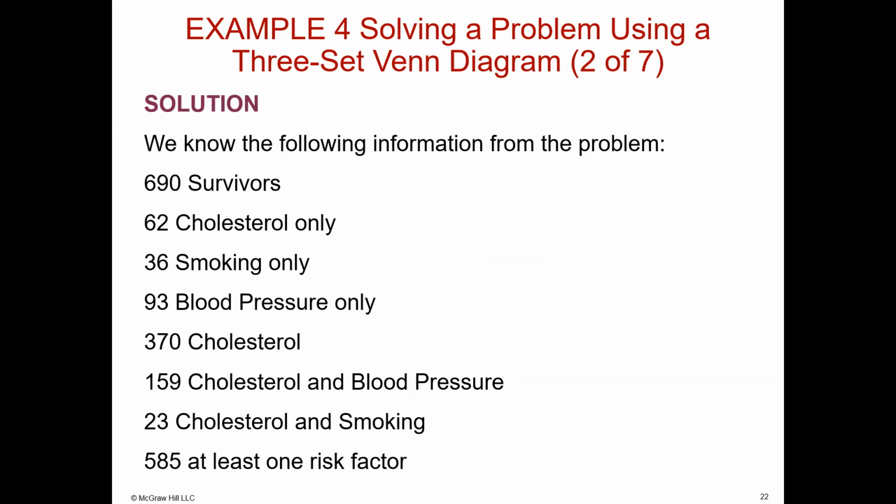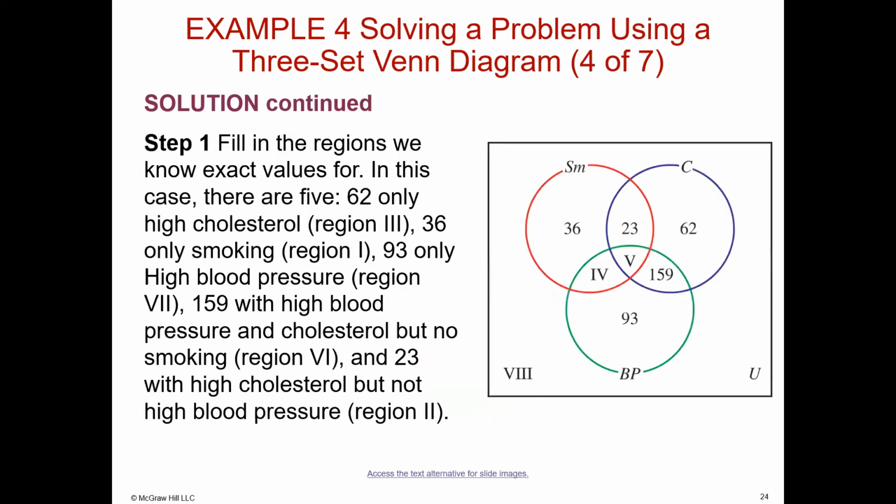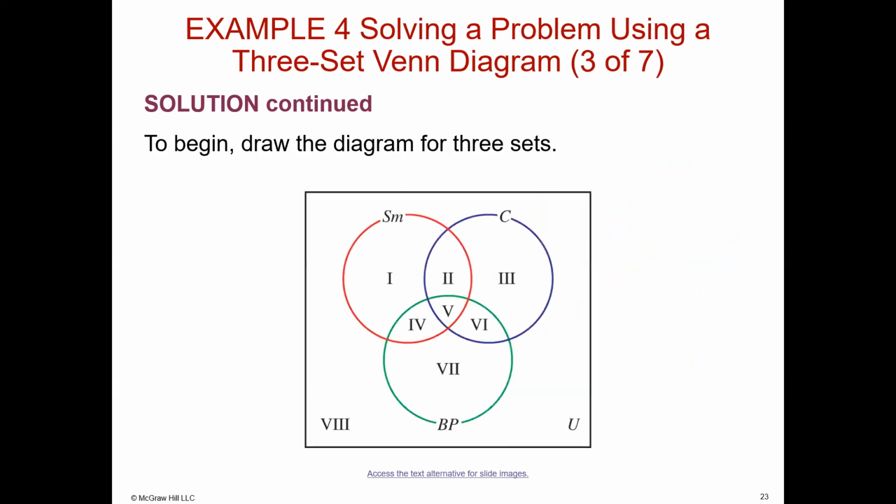So wait a minute, where do we begin? Well, let's see if we can get some help here. Fill in the regions we know exactly. For this case, there are five: 62 only high cholesterol, region 3. Do we start with the ones that say only one thing?